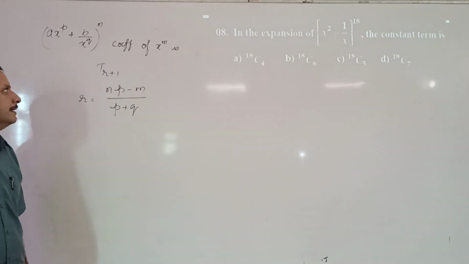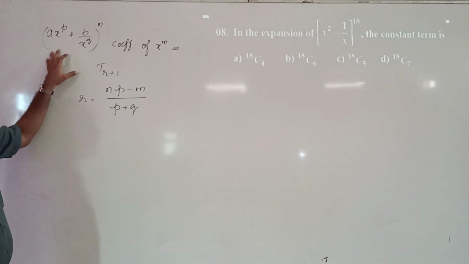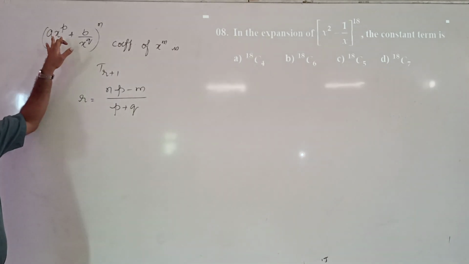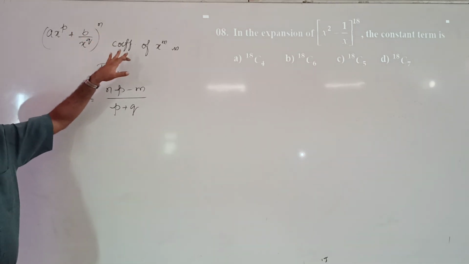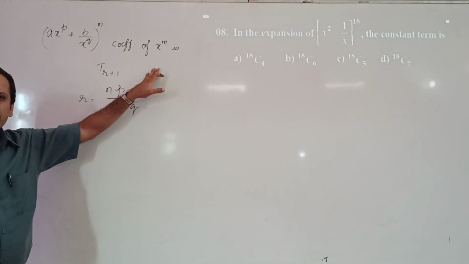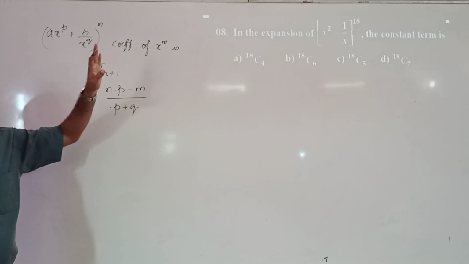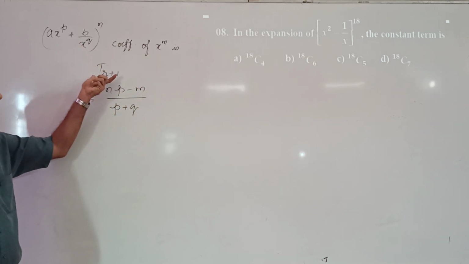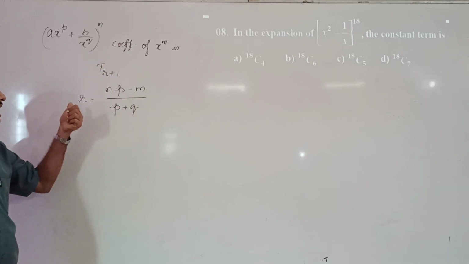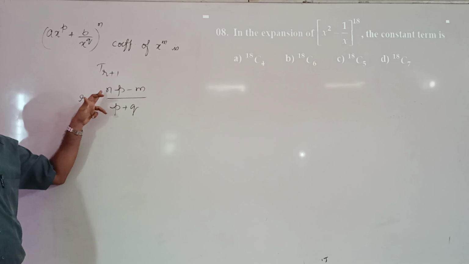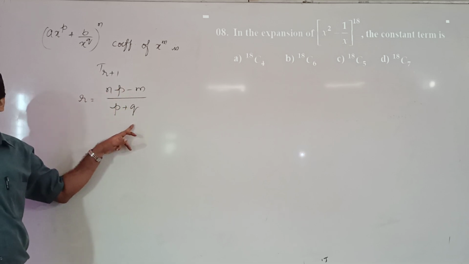I repeat, in the expansion of (ax power p plus b by x power q) whole power n, the coefficient of x power m is the coefficient of T(r+1), where r is equal to (np minus m) divided by (p plus q).